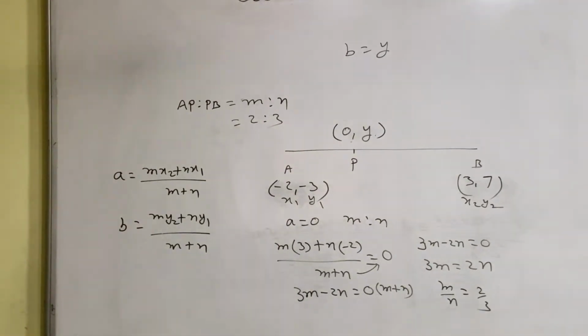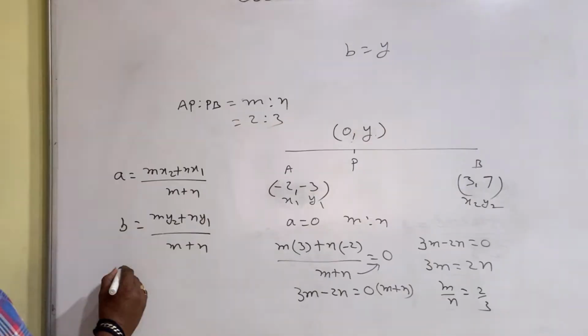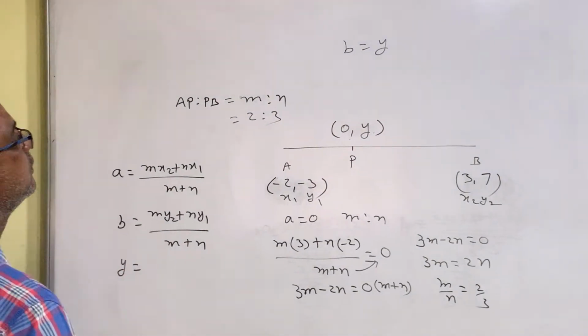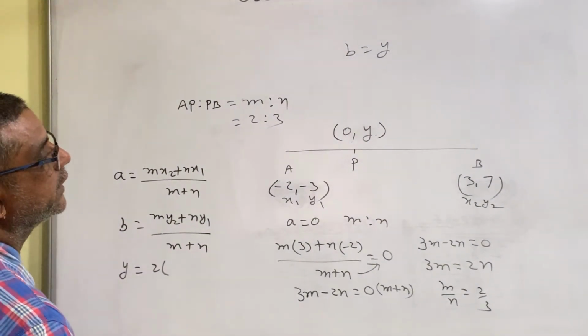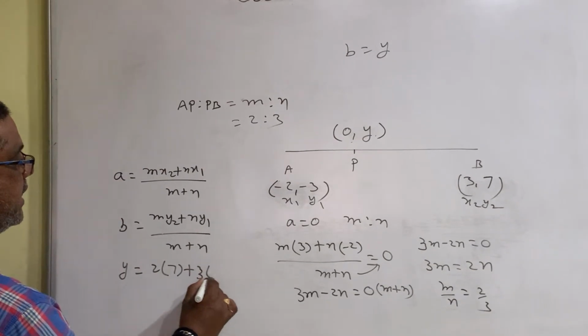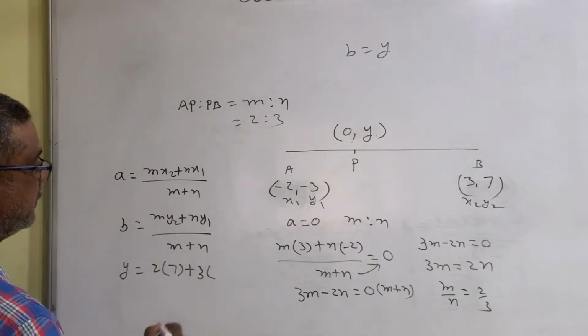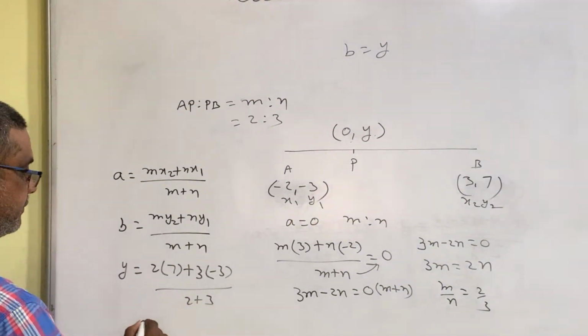Let us see what the y value is. y is equal to 2 into 7 plus 3 into minus 3 by 2 plus 3.